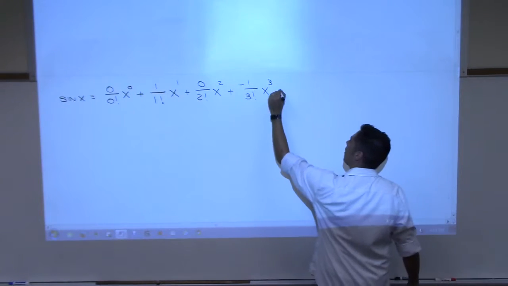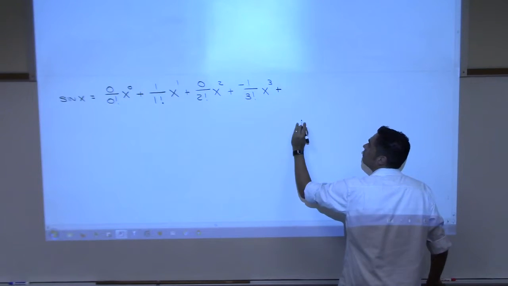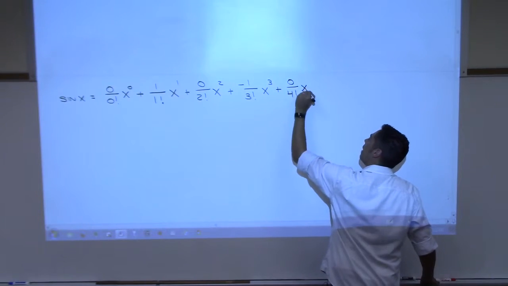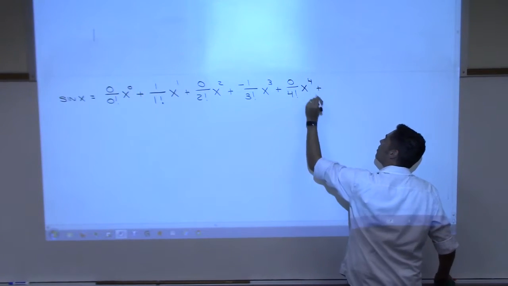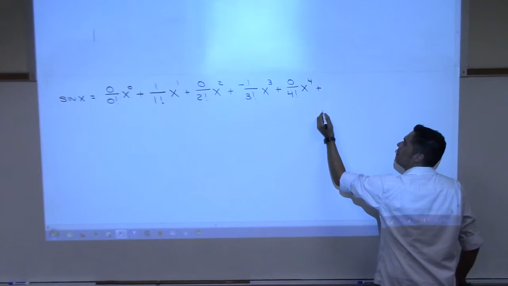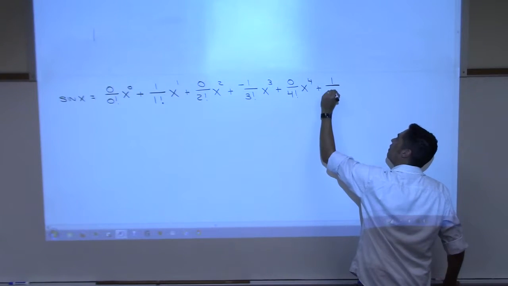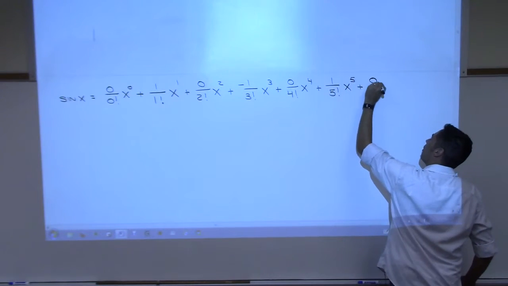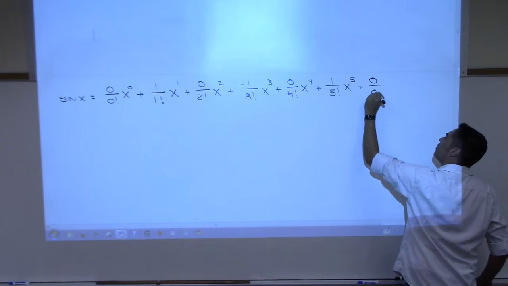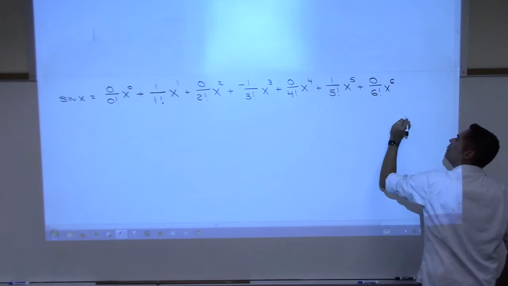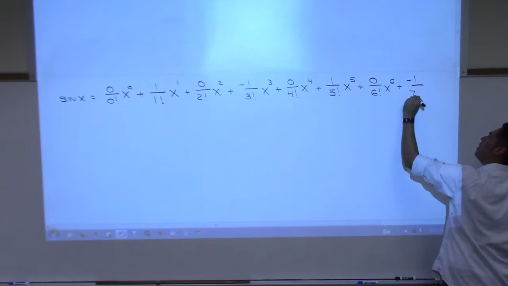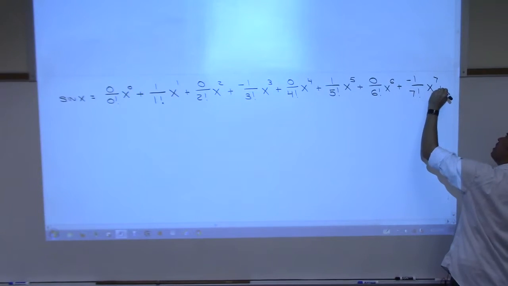Keep going. 0 over 4 factorial x to the 4th plus 1 over 5 factorial x to the 5th. I'll do 2 more. 0 over 6 factorial x to the 6th plus negative 1 over 7 factorial x to the 7th plus dot, dot, dot.